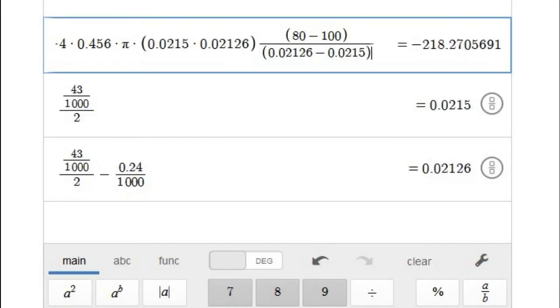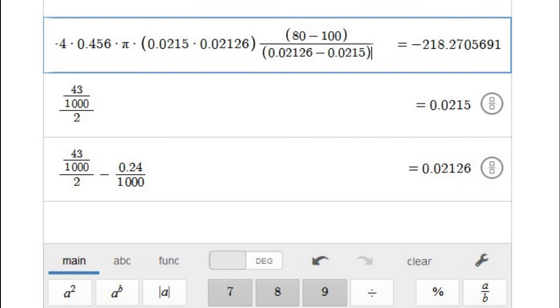Using the Desmos scientific calculator, I placed all the values in the input field as shown in the clip. The calculated value for the rate of heat transfer through the spherical shell is minus 218.271 watt.